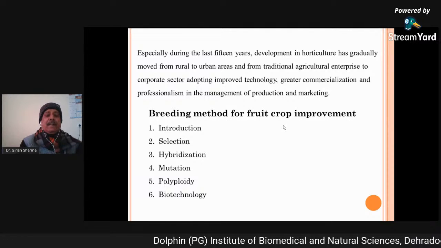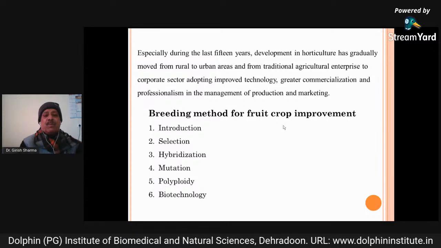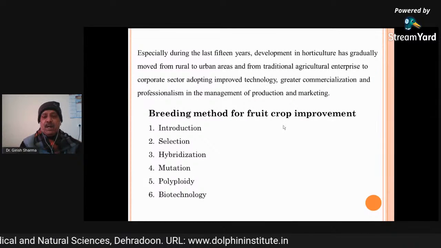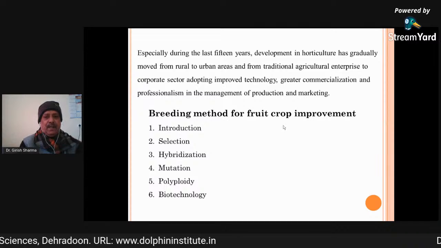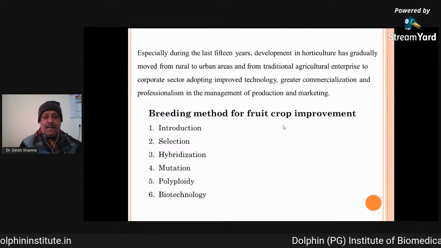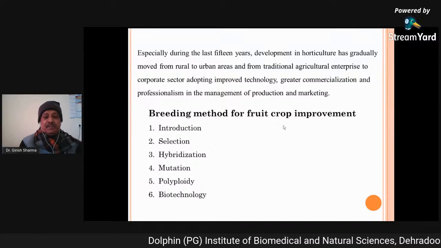To increase the edible part, polyploidy may play a significant role in improvement. There are reports that better forms of polyploids have been obtained.